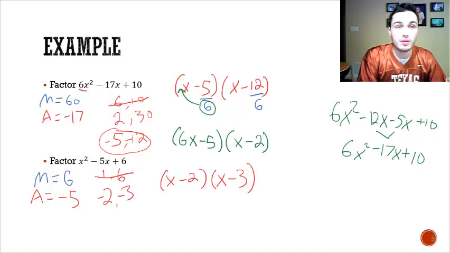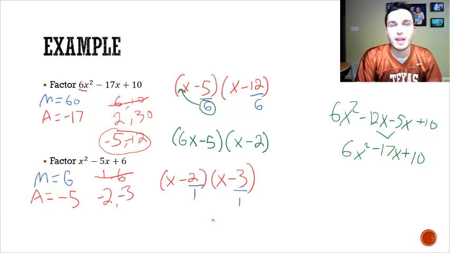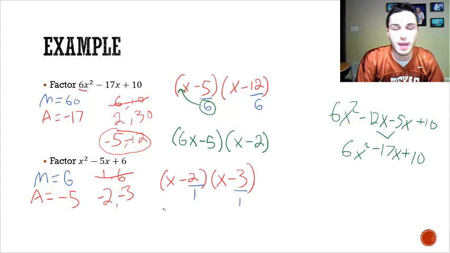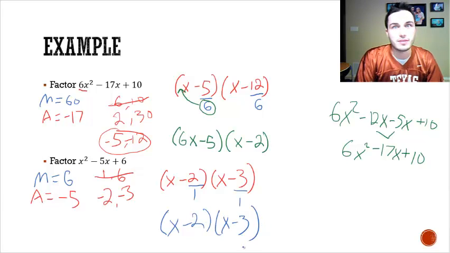Now again, I'm going to take that leading coefficient, which is 1, and divide both of these by 1. Well, guess what? If I divide anything by 1, it's going to remain the same. So this is kind of a moot point, or in other words, whenever the leading coefficient is 1, you don't really have to do this last step. That means that really this x minus 2 times x minus 3, that is the answer.